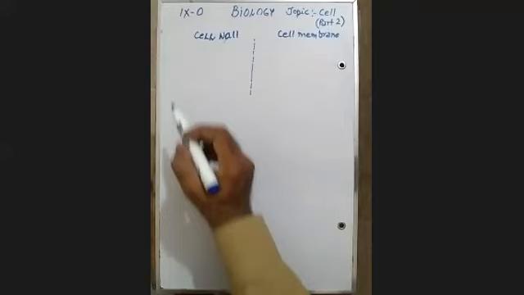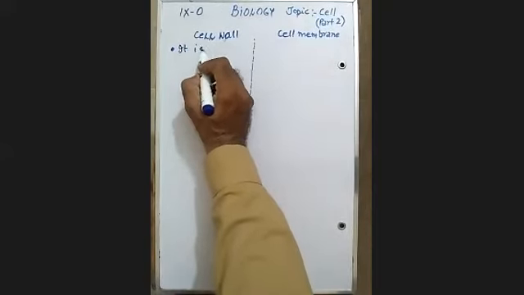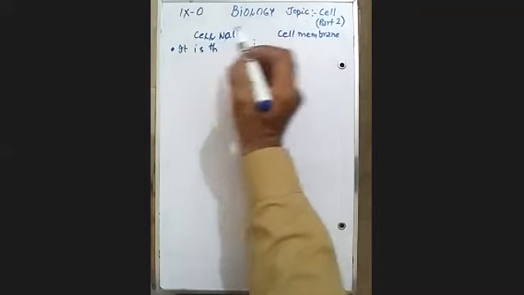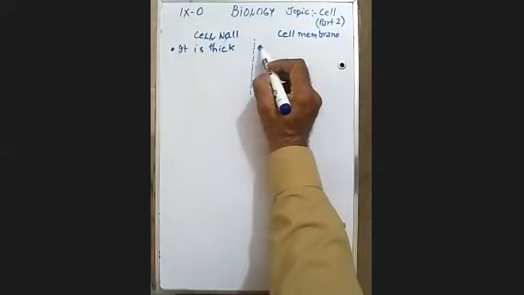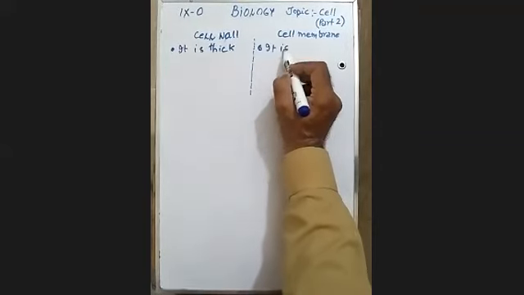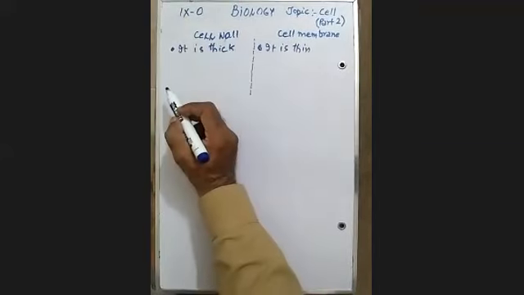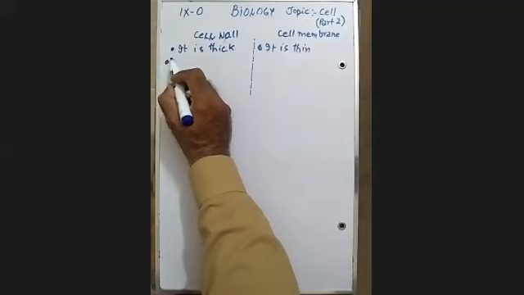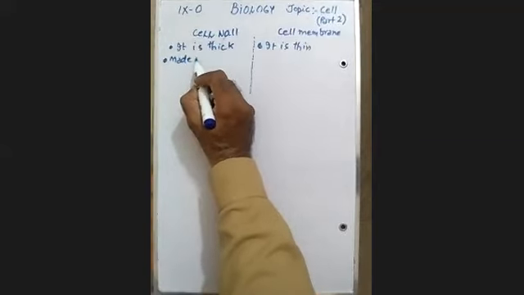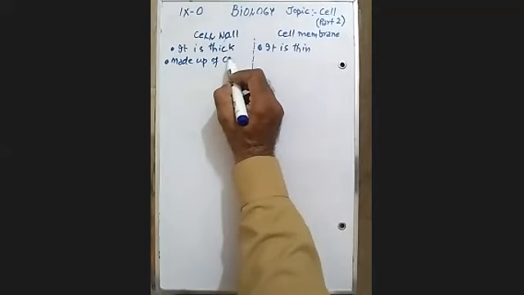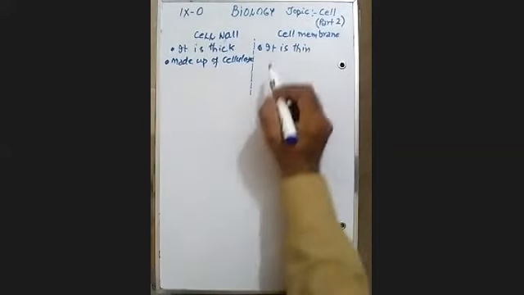It is thick. The first point: the cell wall is thick, the cell membrane is thin. Now the second point: it is made up of a sugar called cellulose. What is cellulose? A kind of carbohydrate.